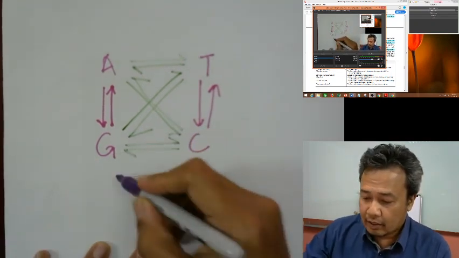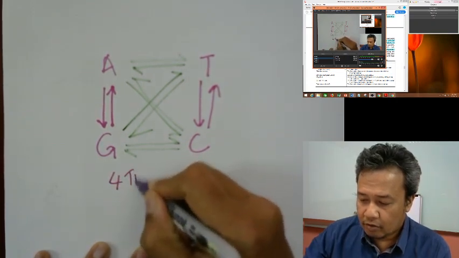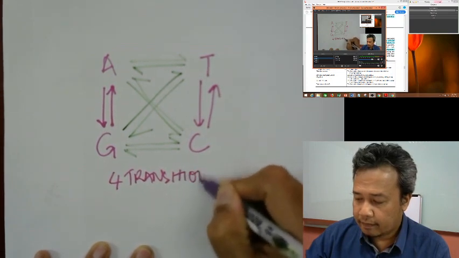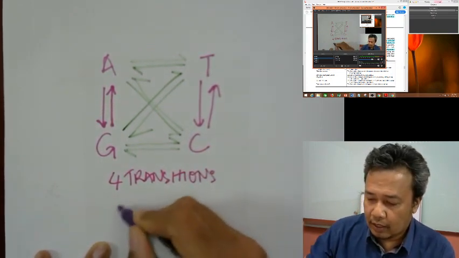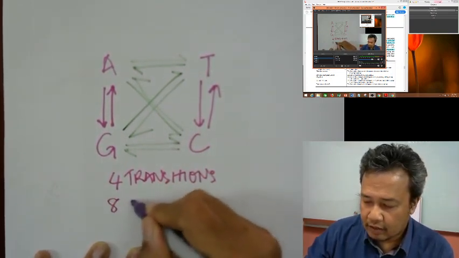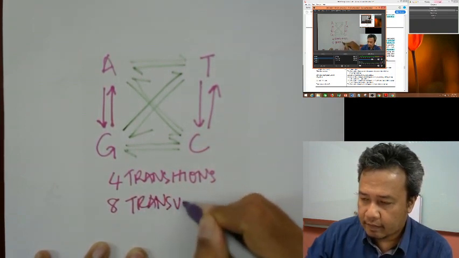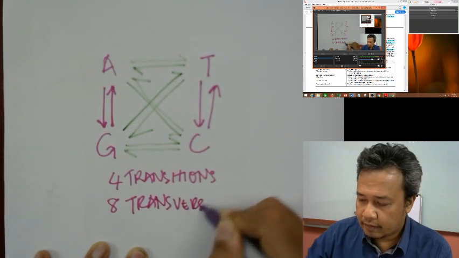In this, you'll have 4 transitions, and then you will have a total of 8 transversions.